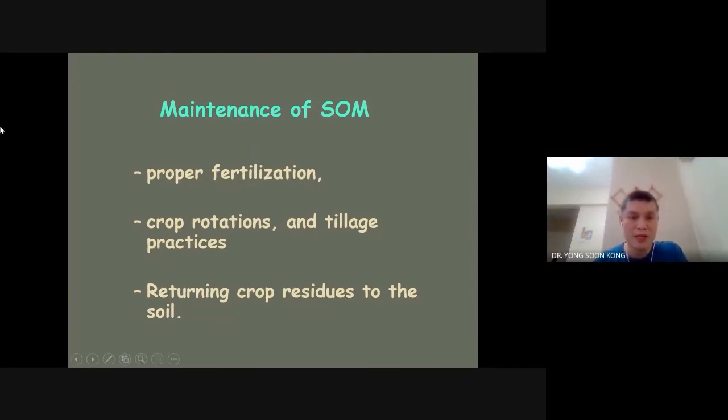Now, in this crop rotation, if a farmer realizes that the soil is getting less and less organic matter, they will switch to a crop with a longer rotation duration. For example, paddy cannot be counted as that. Usually they involve trees.